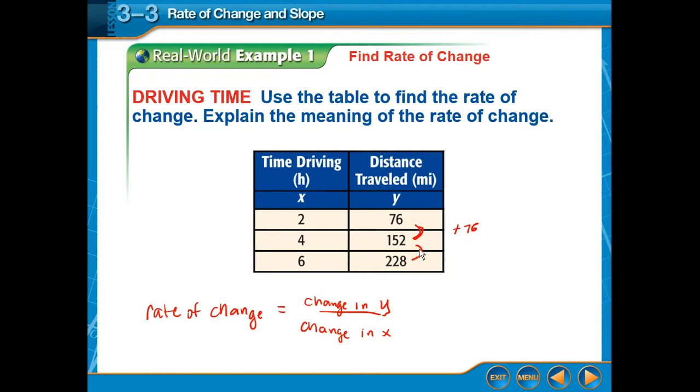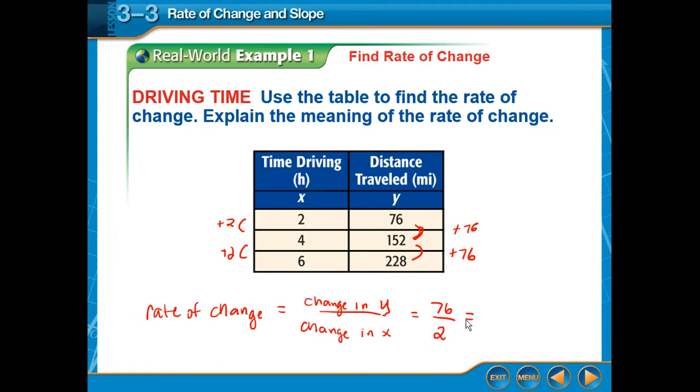From here to here, 228 minus 152 is also changing by 76. Then our x changed from 2 to 4, that went up 2, and this also went up 2. So for the change in y, it went up 76 miles for every 2 hours that were driven.